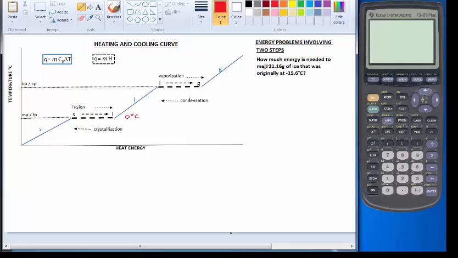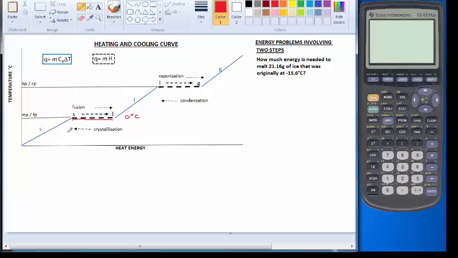Now, our problem tells us that we are going to be melting our ice. So we know that in our problem, we are going to be doing this step, going from a solid to a liquid. Our question also tells us that our ice originally began at a temperature of negative 15 degrees Celsius.